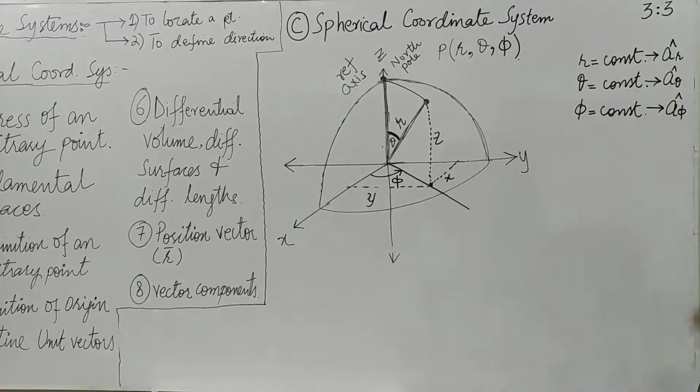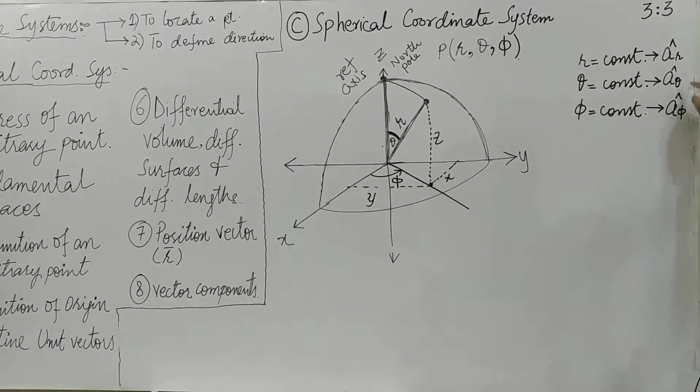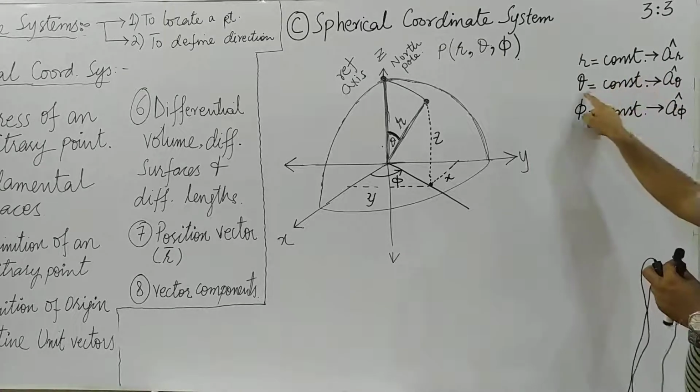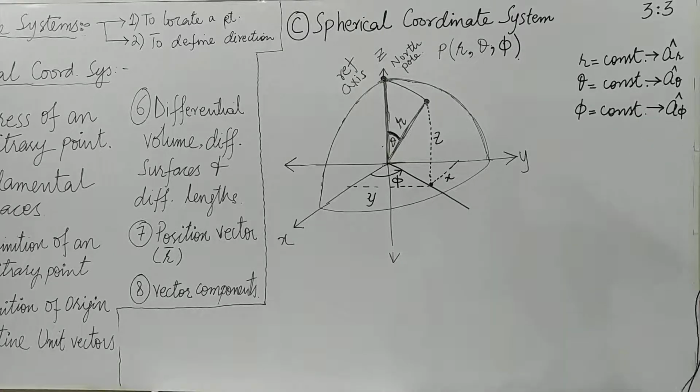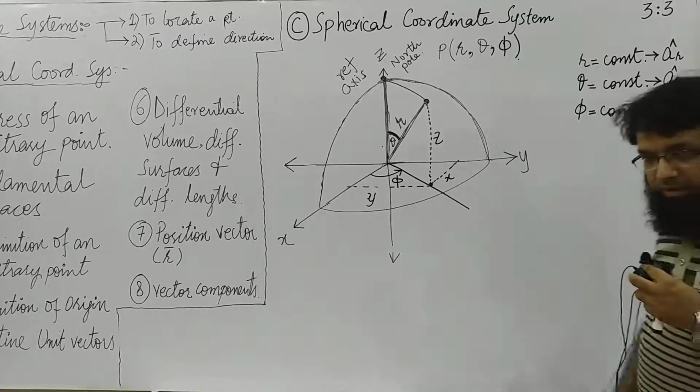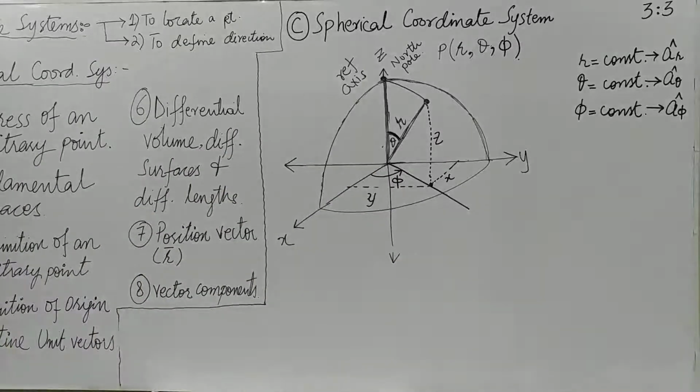And moreover, for each fundamental surface, we should have a primitive unit vector which will be perpendicular to its respective fundamental surface, and which will also point in the direction of increasing values of its respective coordinate. So let's talk about the fundamental surfaces and their primitive unit vectors.